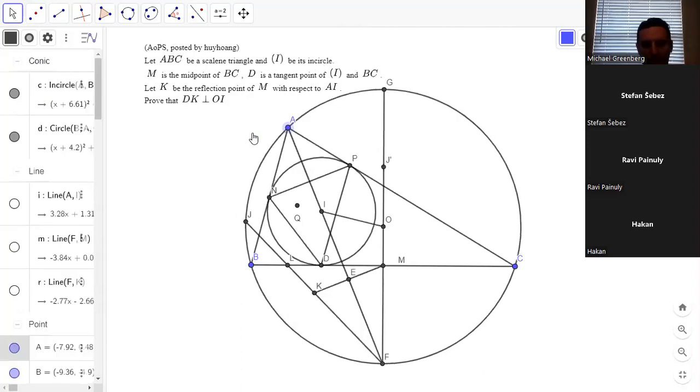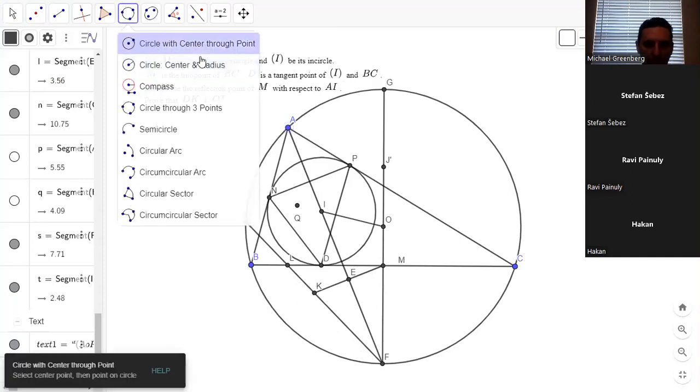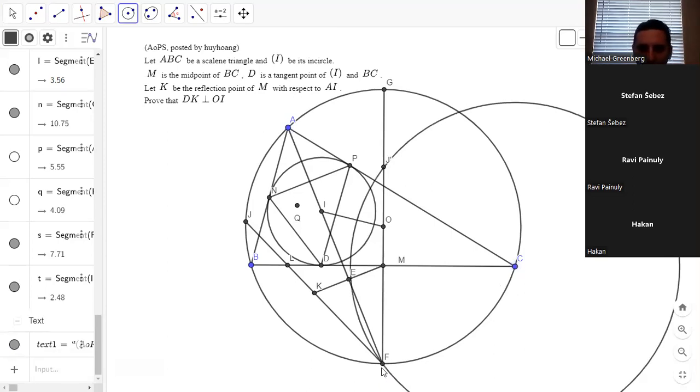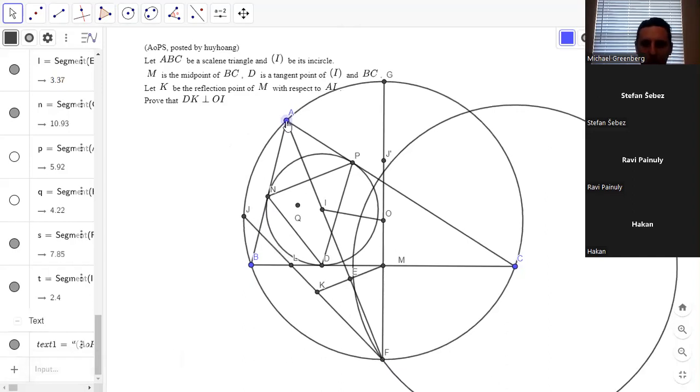Okay. So yeah, is there anything special about J prime? No, does CJ prime equal CF? That would surprise me. Oh, that's not true.